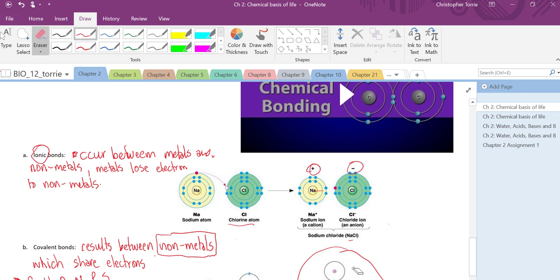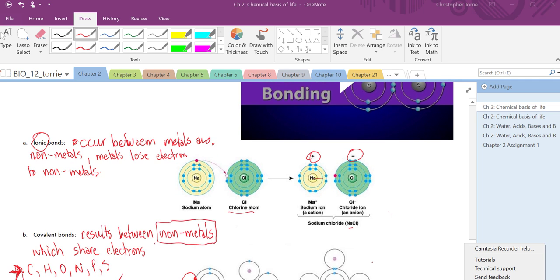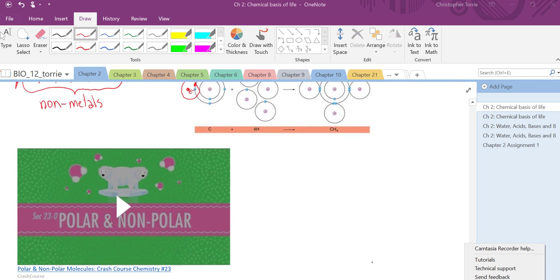When we talked about covalent sharing, they're sharing the electrons and there are no charges that develop. But the reality is that they don't really share equally. And when they don't share equally, we end up with what we call polar covalent bonds.